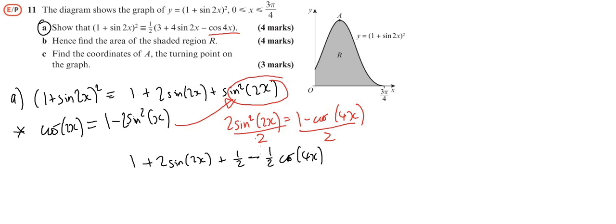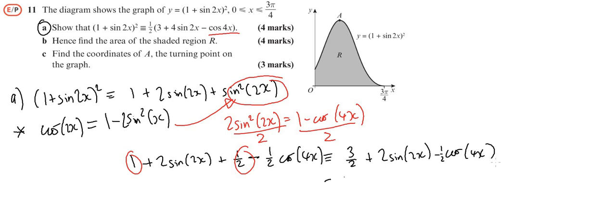Okay. And if we add these two together, that's going to give us 3 over 2. So that means we've got 3 over 2 plus 2 sine 2x minus a half cos of 4x.